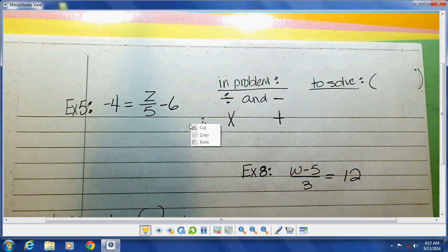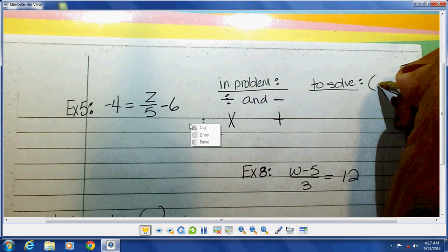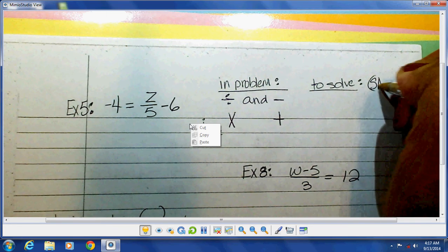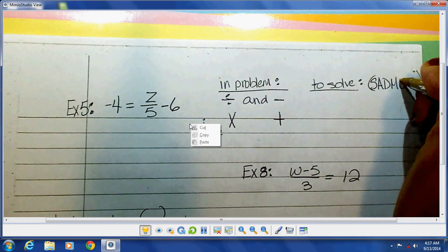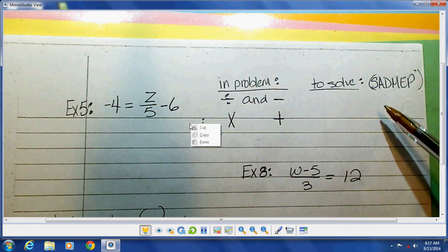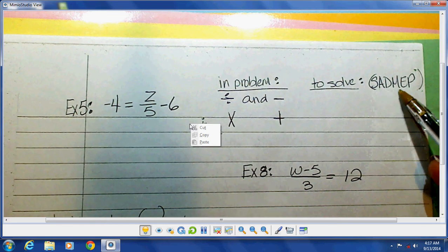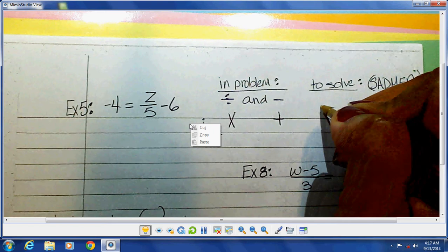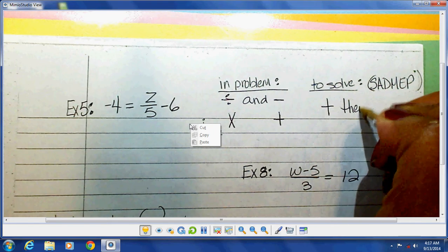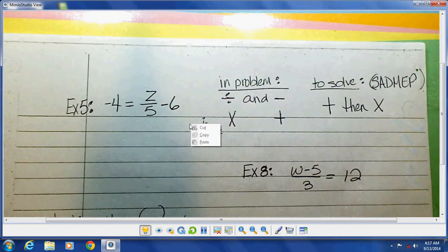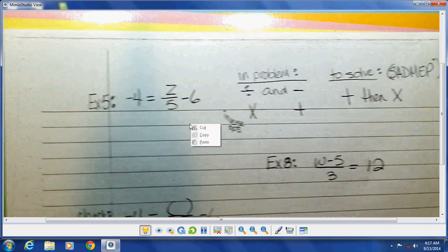So remember to solve, we're still doing PEMDAS in reverse order. So we're doing SATMEP. So what that means is, since the addition comes before the multiplication, then that means we're going to add, then multiply to solve.